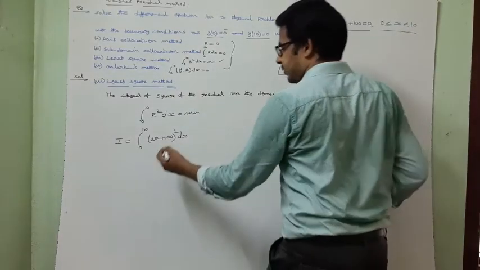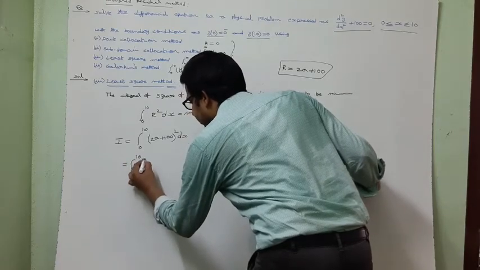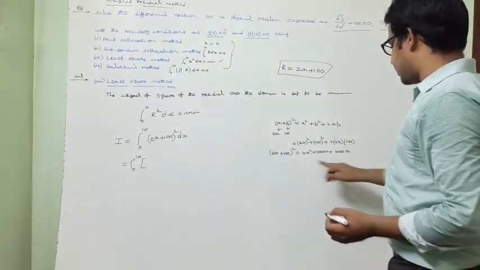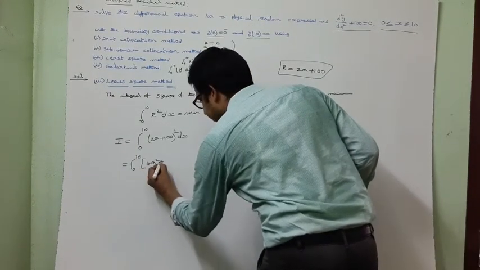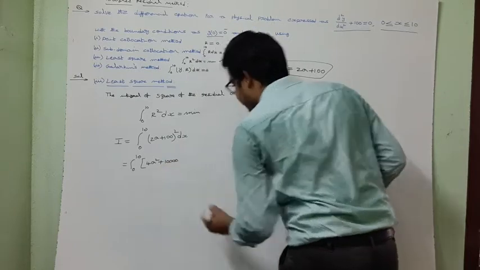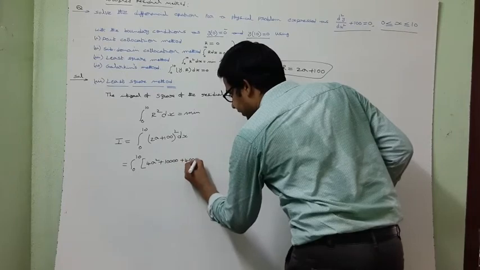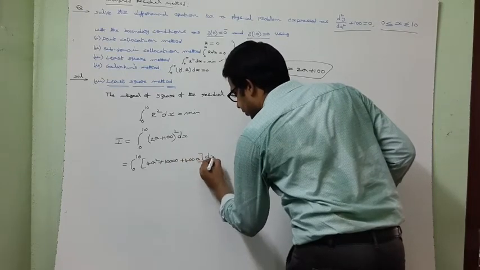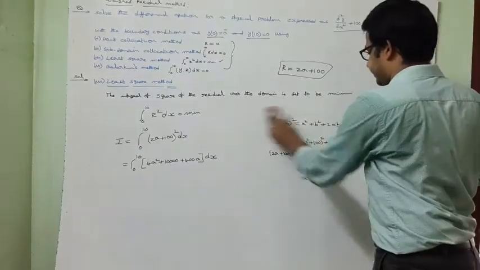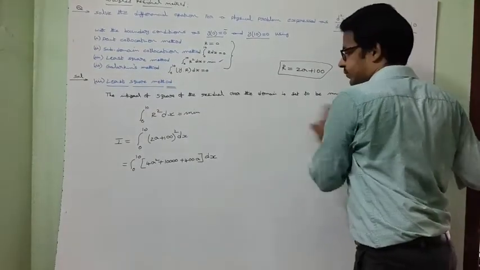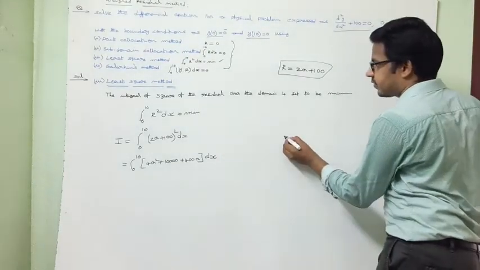Substitute this value. Integral 0 to 10. What is the value of (2a plus 100) whole square? 4a square plus 10,000, that is 4 zeros, plus 400a, into dx. Here, what is the integral of a square?